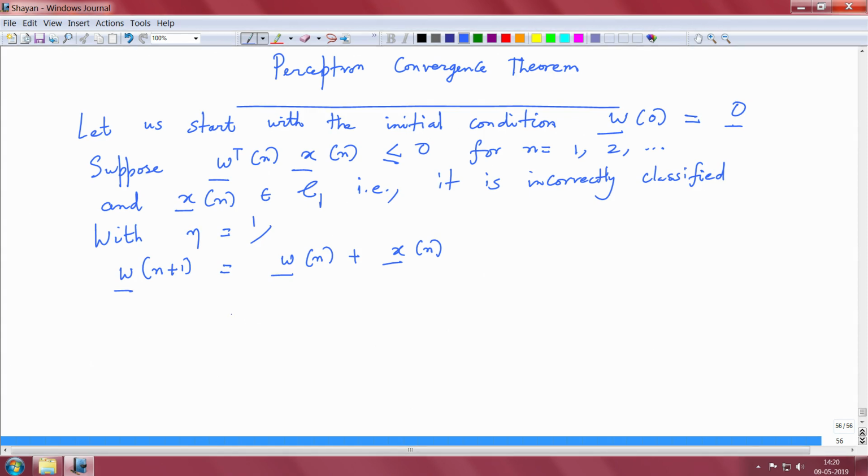That is without loss of generality. We do not have to worry about the other case, because the update will change if x_n belongs to C2 and the inequality flips the other way around. Now, W_{n+1} is W_n plus x_n. This is the update.